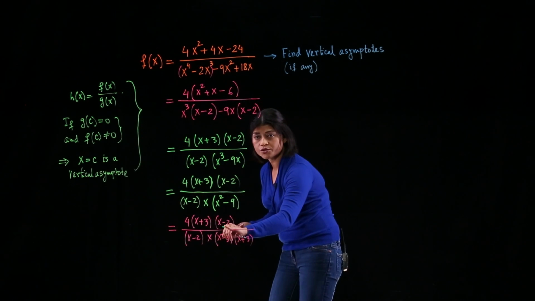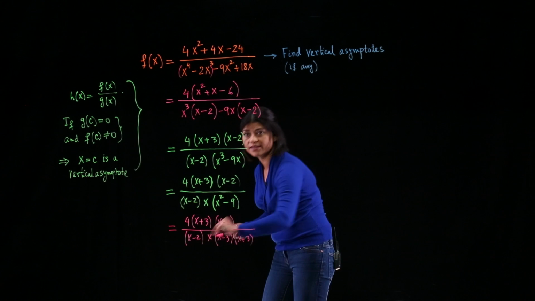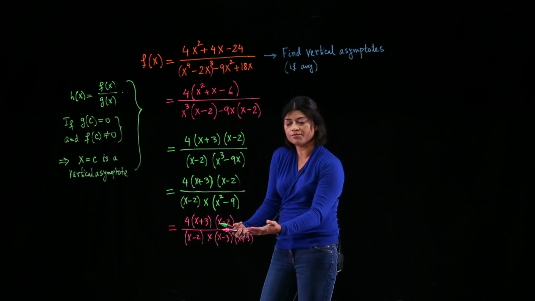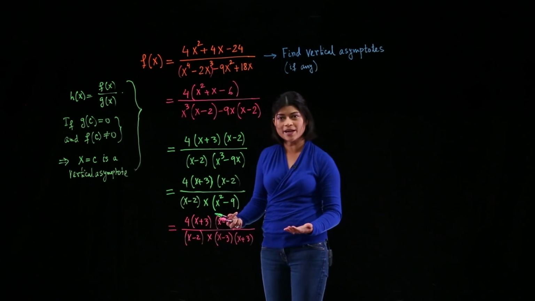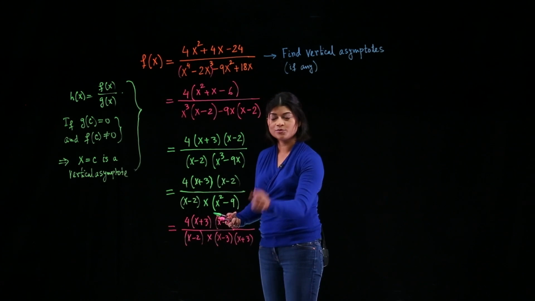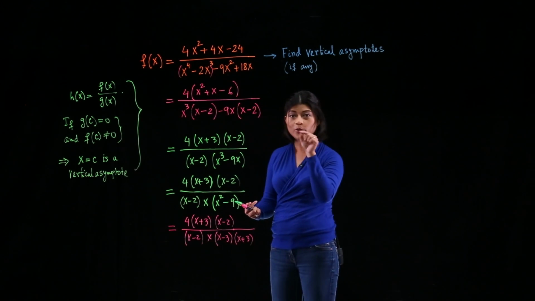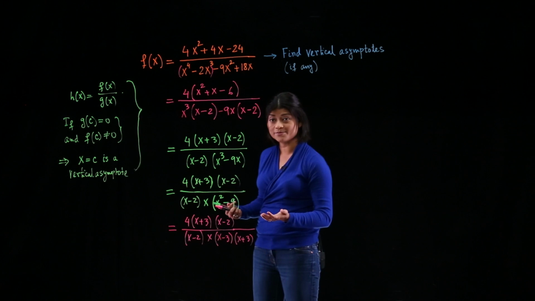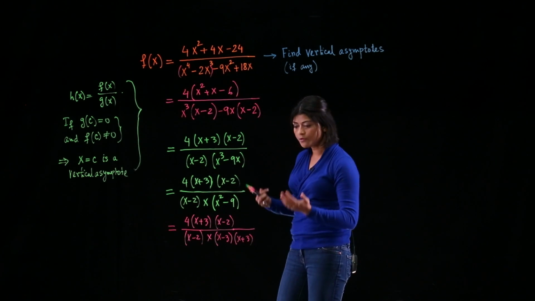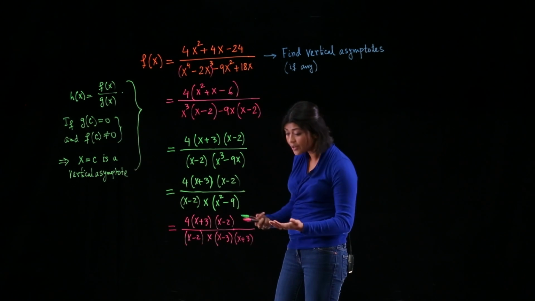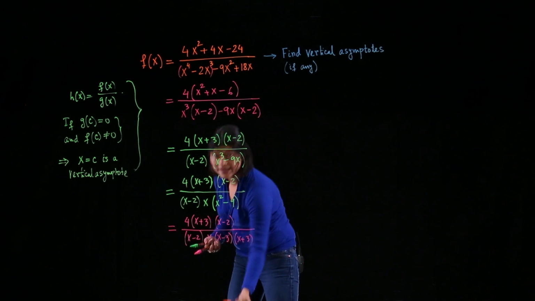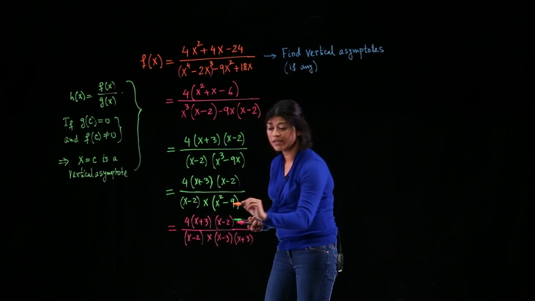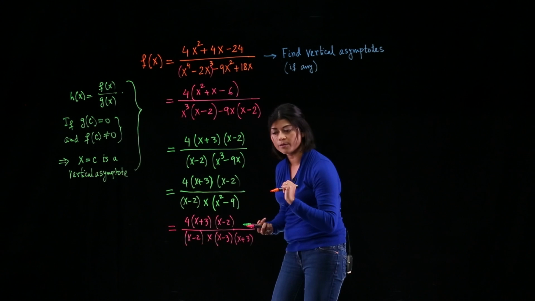Because at x equals 2, the numerator is 0 and the denominator is 0. So that will not give us a vertical asymptote. Do you remember what happens to the graph at those points? Those are the points where you have a hole, right? It's not an asymptote. So to figure out where we have vertical asymptotes, we can cancel out those terms that appear in both numerator and denominator.